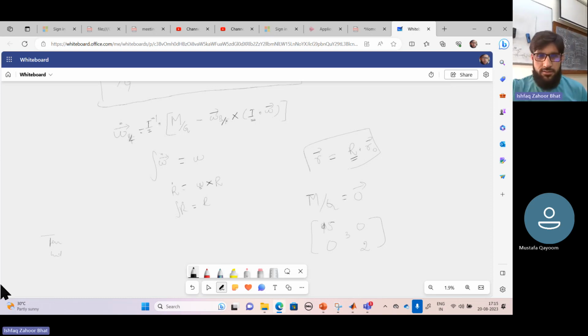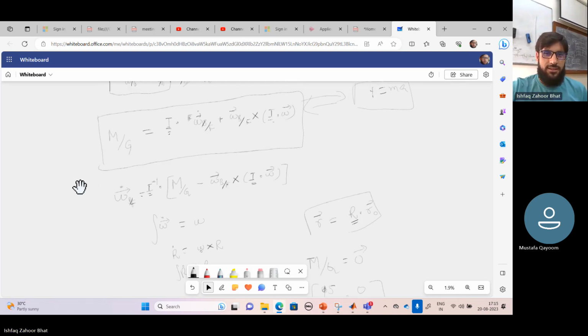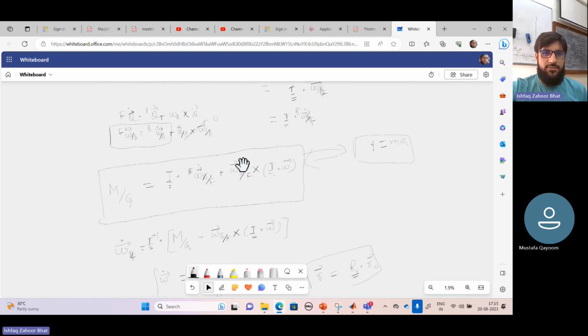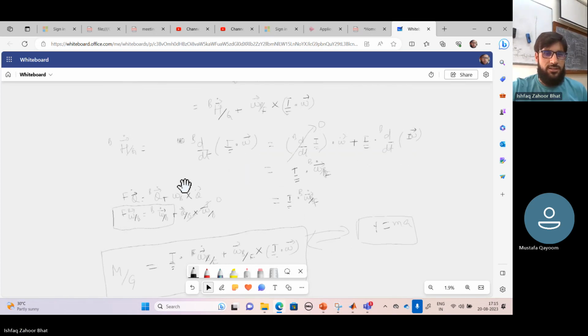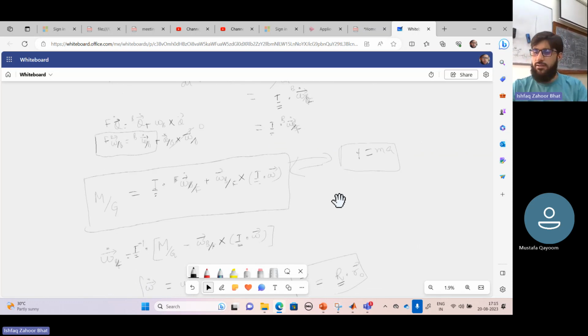So the thing is that this equation never says that. So let us go back and see what these equations say. We have the rate of change of angular momentum about G equal to the torque about G, and we have assumed this is 0.